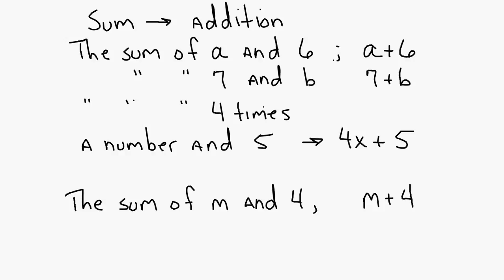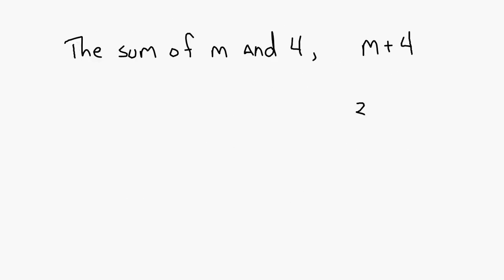So if the expression was 3x plus 7, that would be the sum of, and then how did we say that earlier?